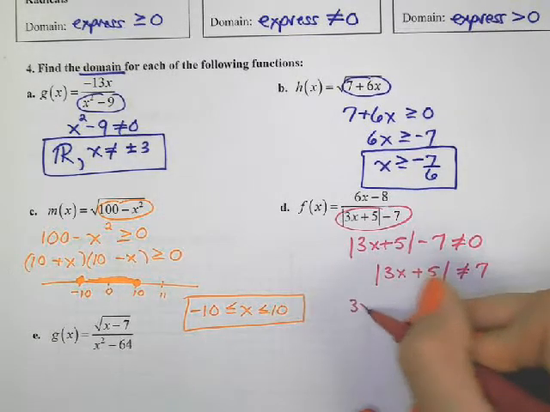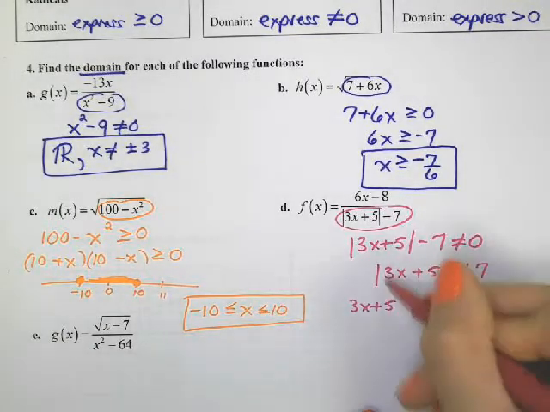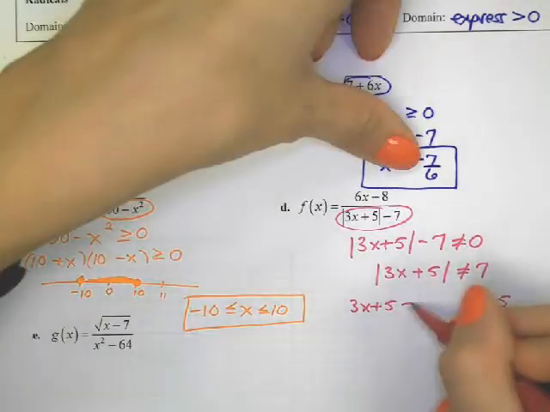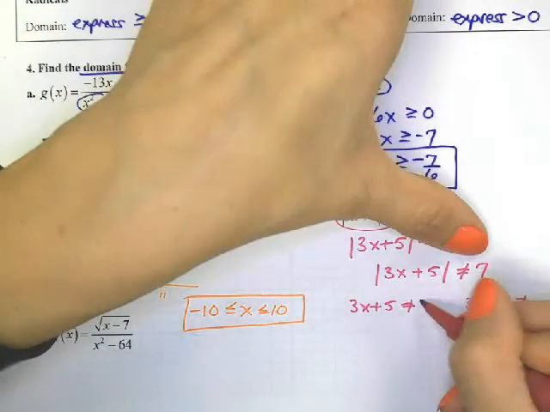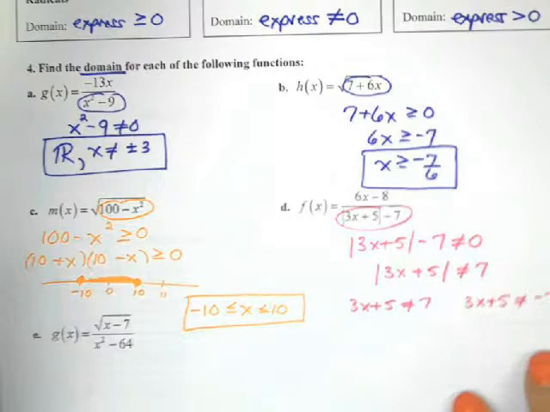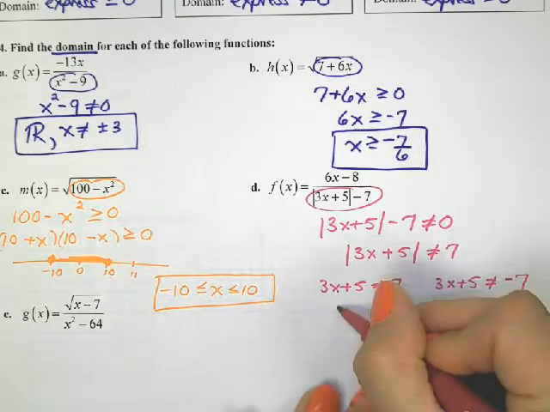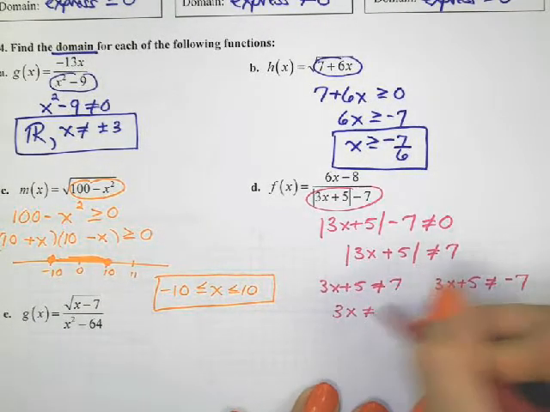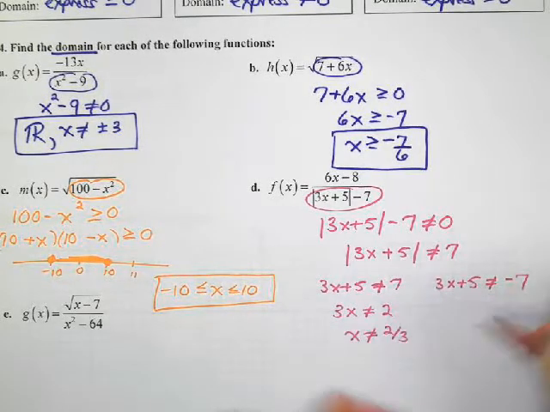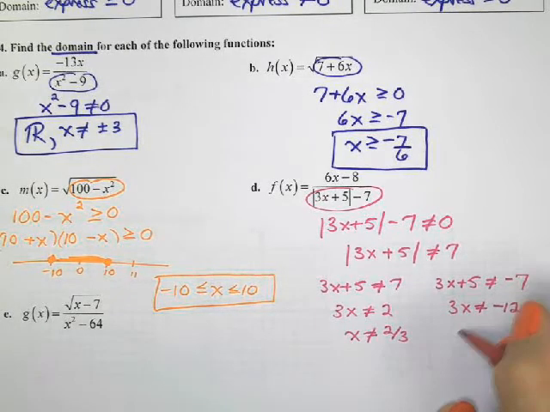I'm going to take the things inside the bars, the 3x plus 5, and make 2 problems with it. I'm going to say not equal to 7, and then you change this to negative 7. So let's solve these 2 equations. First, we subtract 5 and divide by 3. Then we subtract 5 and divide by 3.